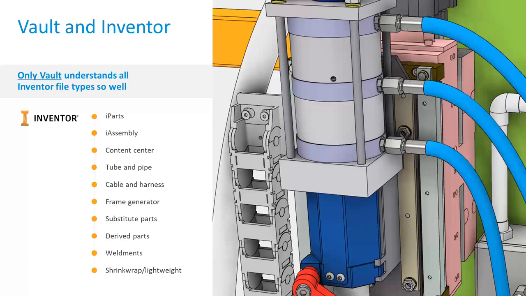Another vendor may say, we understand Autodesk files, but they don't understand iParts, iAssemblies, frame generator, substitute parts, or even our latest model states in Inventor 2022. These are very specific areas from Inventor, and only Vault understands it all.